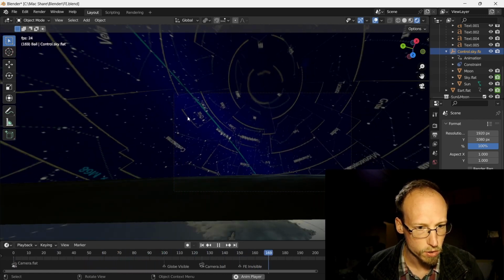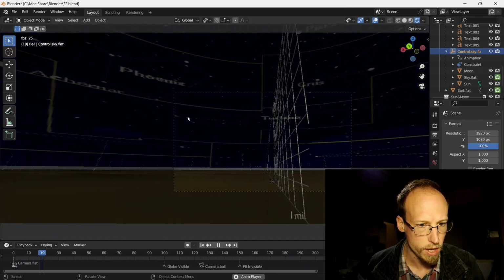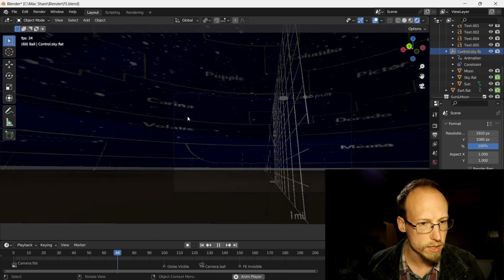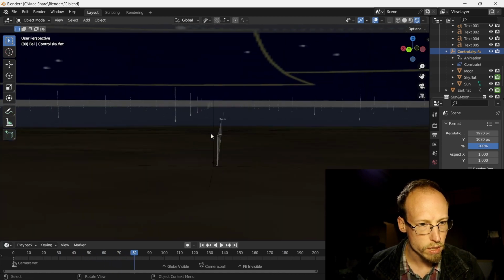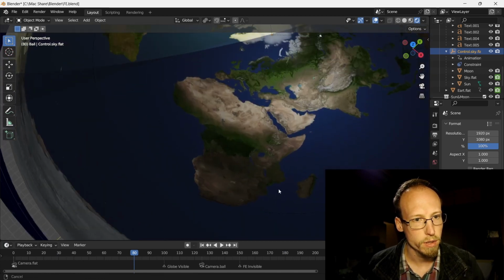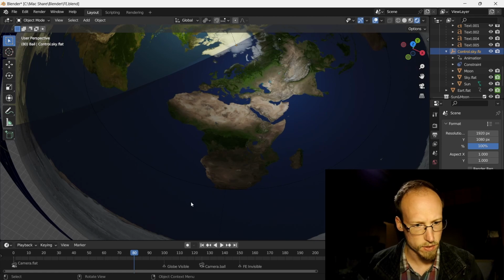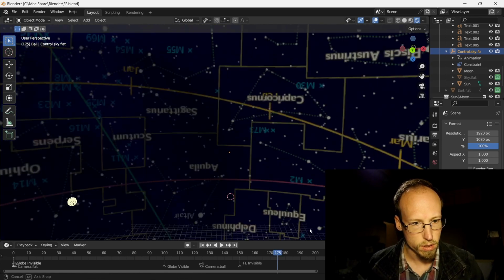Then it'll flip me over to the globe and show me exactly what it would look like on that model. So where are we on the Earth? Good question. We are basically at the tip of Africa, and that's the same on both. So, leave the camera.